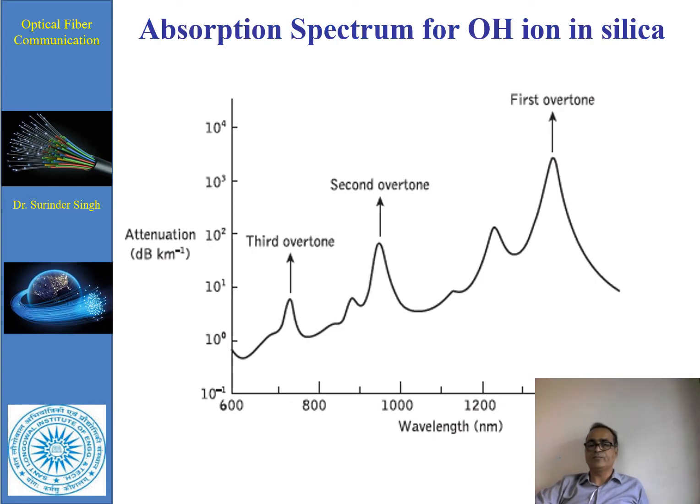Like the absorption spectrum for OH ion, due to the hydroxyl ion present in the silica, that causes a major loss. Because hydroxide ions are dissolved in the glass, the absorption peaks occur at 1400, 950 and 725.